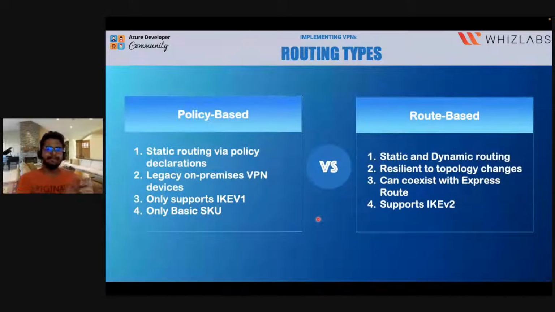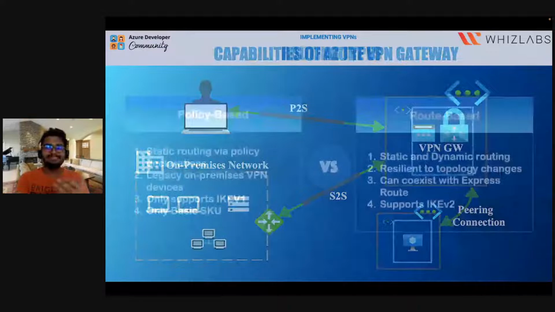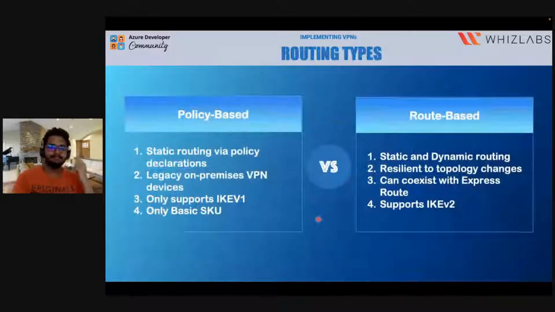While we are talking about VPN gateways, let's see the different types that are available. There is policy-based and route-based. Policy-based means static routing. Let's say something is changing in your network dynamically, then you have to go ahead and do a manual update, and it's quite hectic, by the way, so I definitely don't recommend it.